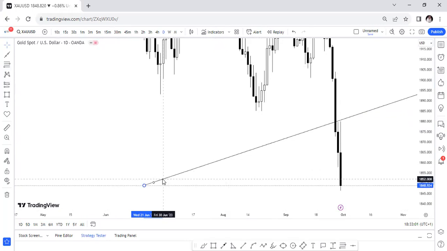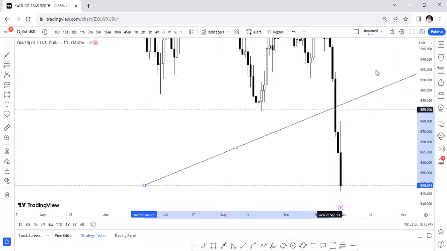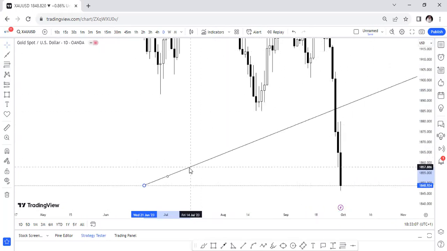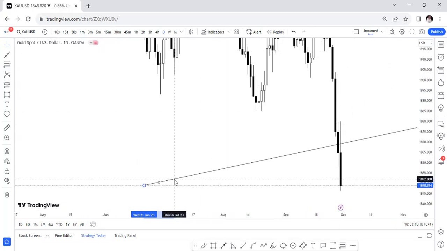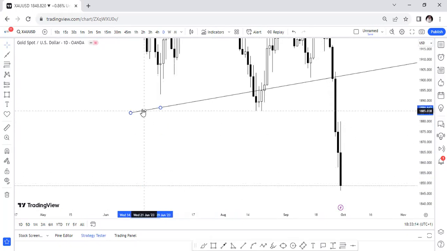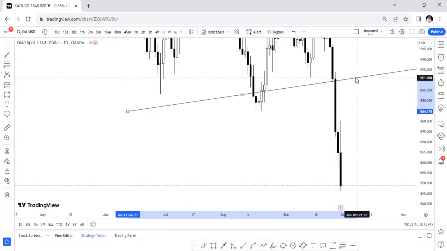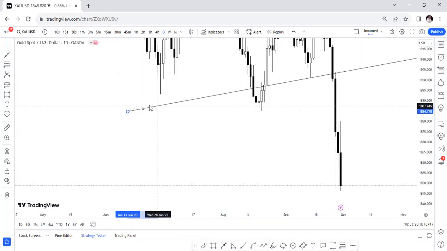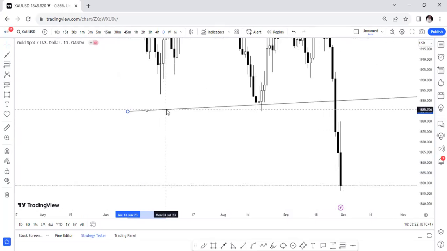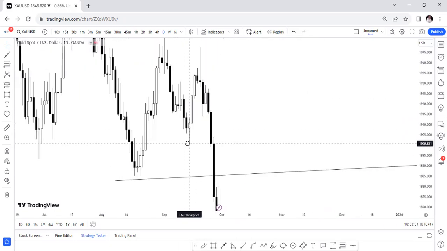You can use the third one to extend this forward or back to make it closer. So you use the third point to make it either longer or nearer to each other, depending on where you get your signal, your SNR that you want to connect.